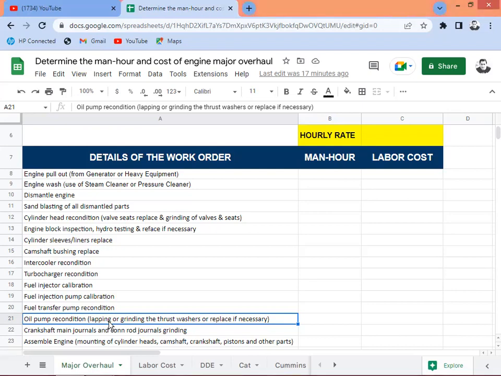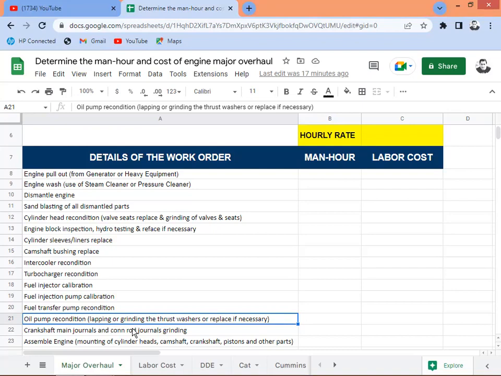So the connecting rod bearings and the main bearings will burn out and will stick to the journals, and knocking will happen. That's what I said earlier, knocking of the engine.